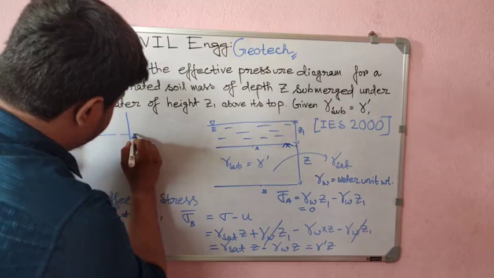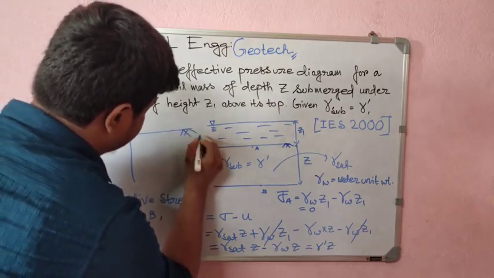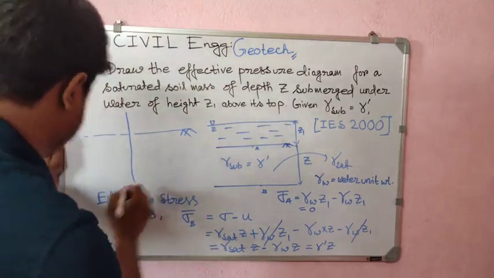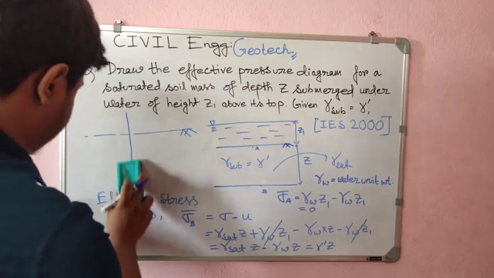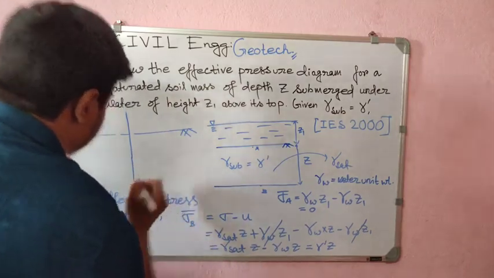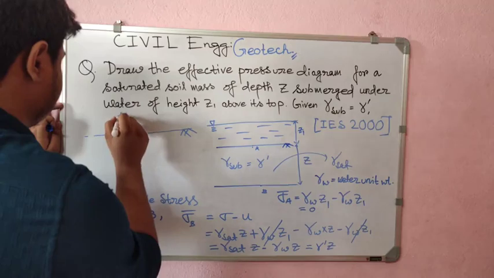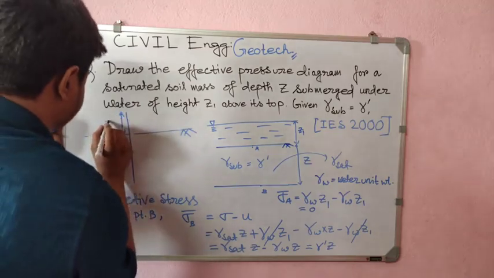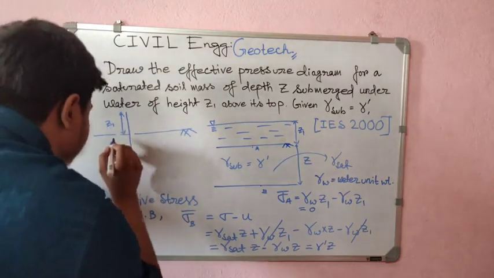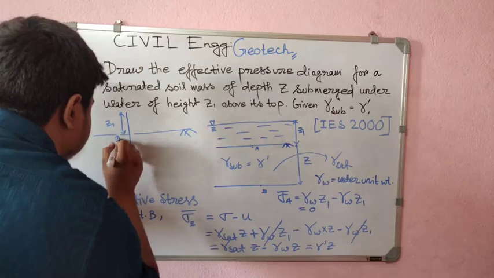Just take the bed level here. So this is the z1, and this is the z.